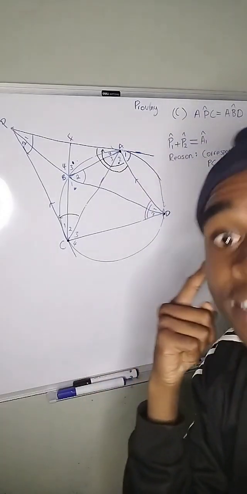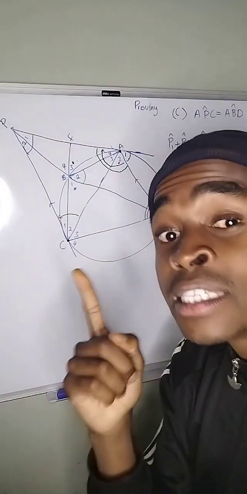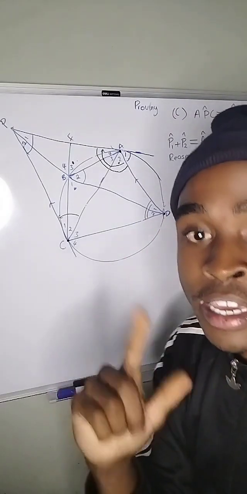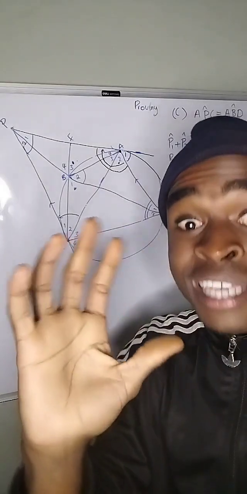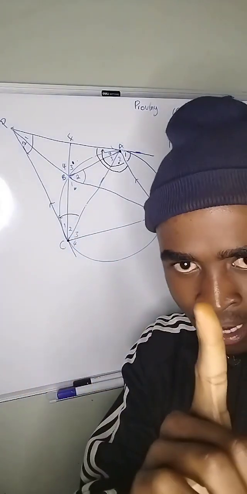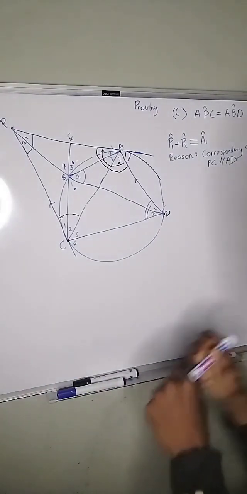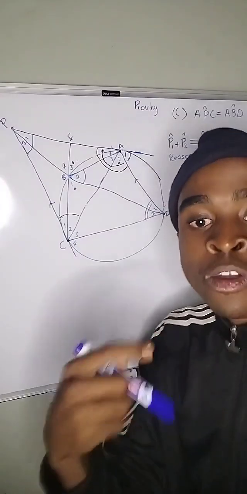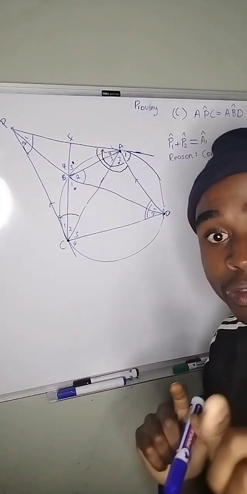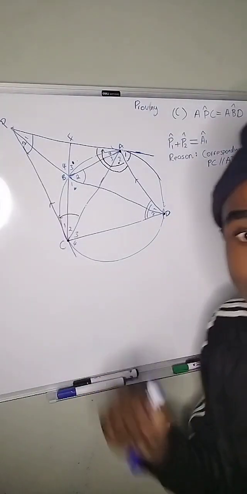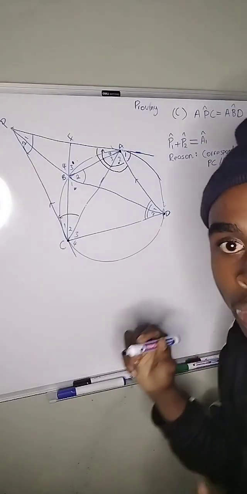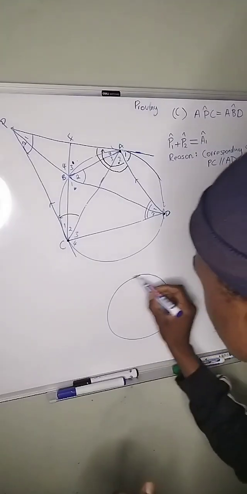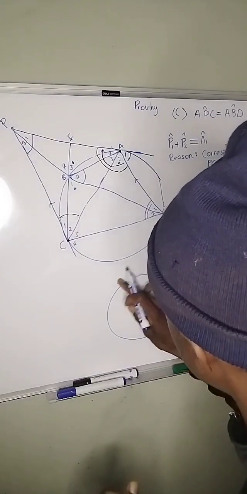So whenever I think PA is a tangent, I have to think about the theorems which are related to the PA. So I'm going to draw a simple triangle which is related to this tangent. Like I said, I'm helping you. Okay, yes, also PC, thank you very much. So now I'm going to draw a small circle.